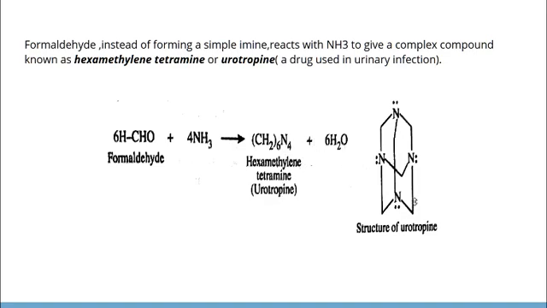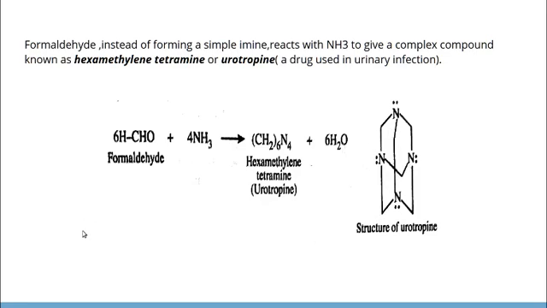It has this structure. Here you can see 6 bridges are there, and between two nitrogen atoms there are methylene groups. This is a methylene group, CH2, CH2, CH2. There are 3 methylene groups here, and here one more methylene group is there, another methylene, another methylene. So altogether 6 methylene groups are there.